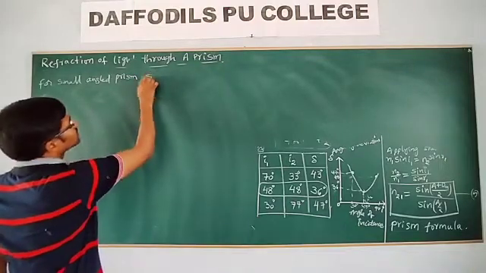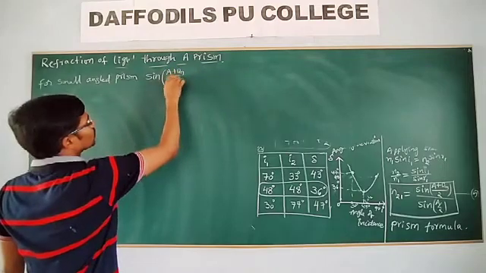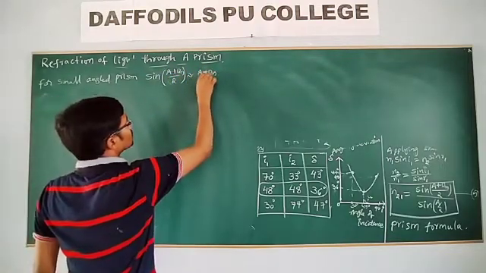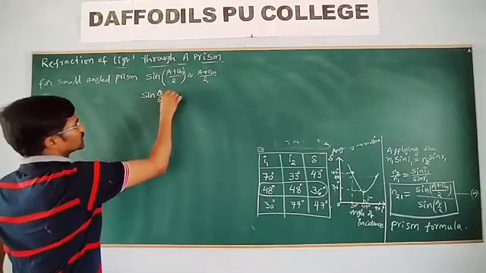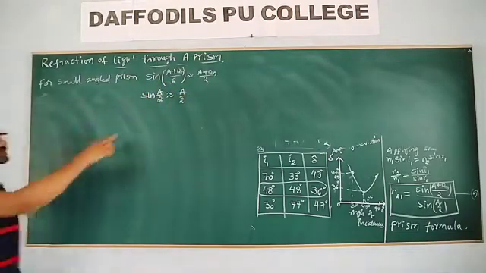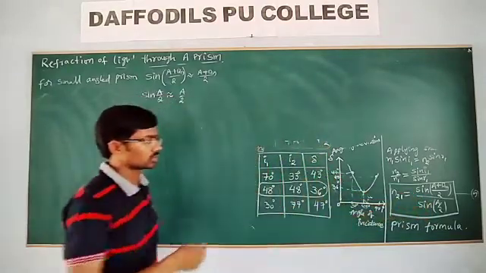So sin of (A plus dm) by 2 is equal to (A plus dm) by 2. Similarly, sin A by 2 is equal to A by 2. Substitute these values in the formula we have.